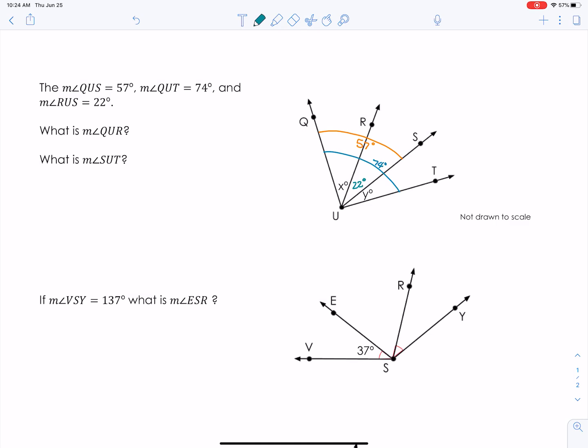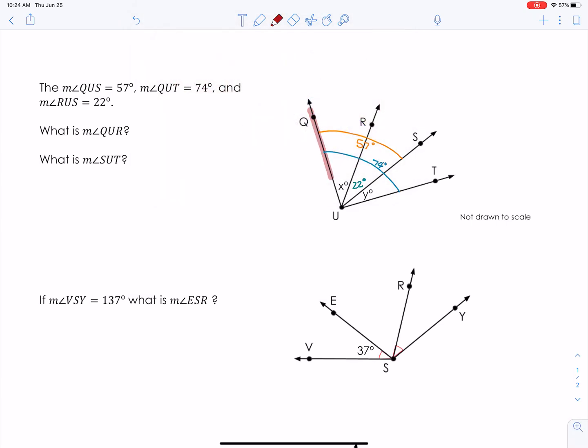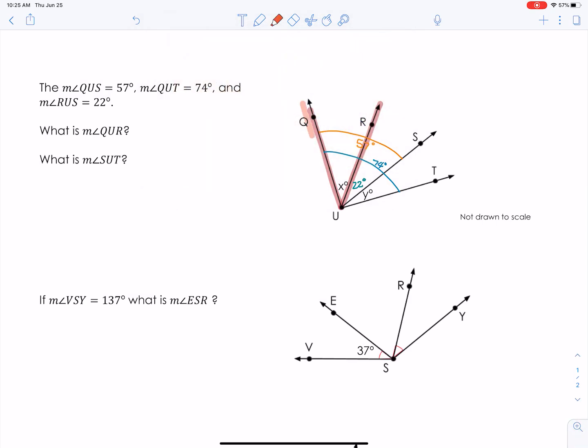It wants to know what is the measure of QUR. So we're going to have to use the angle addition property to figure this out. So if we are looking at QUS, we know that that equals 57.